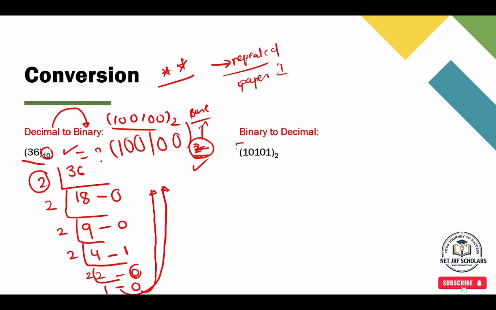Now we will try to convert binary into decimal. How can we convert that? Now we need to count. We have 5 digits in total. So we have to start from the right side. As it is already in binary, we need to do 1 into 2 to the power of 0, plus 0 into 2 to the power of 1.